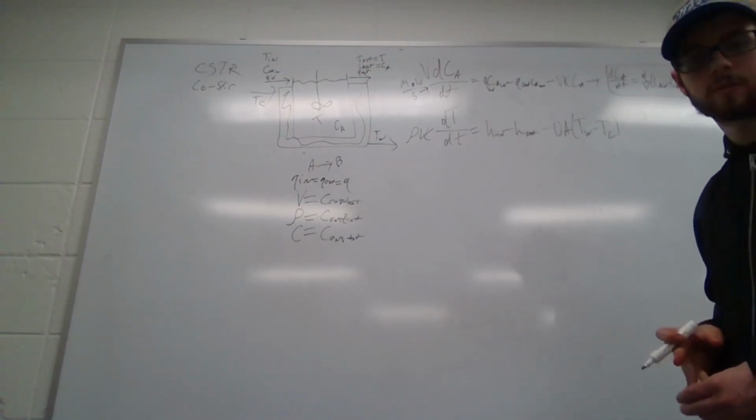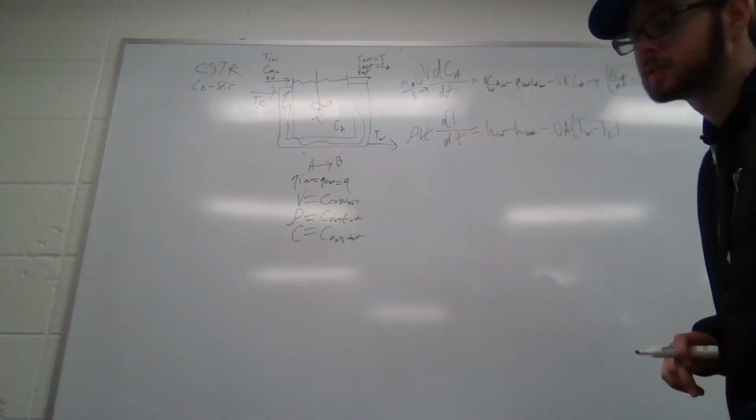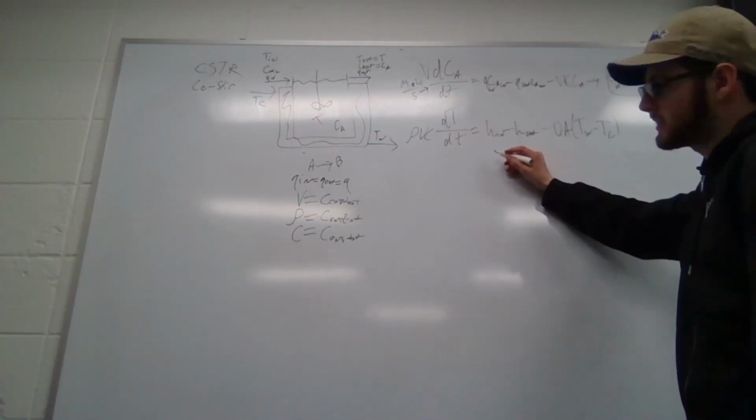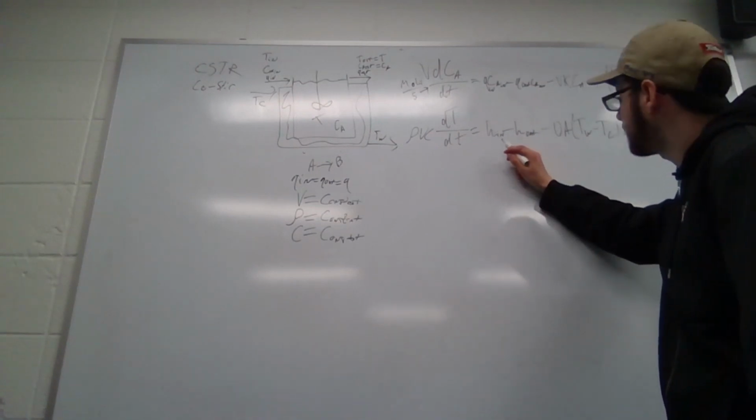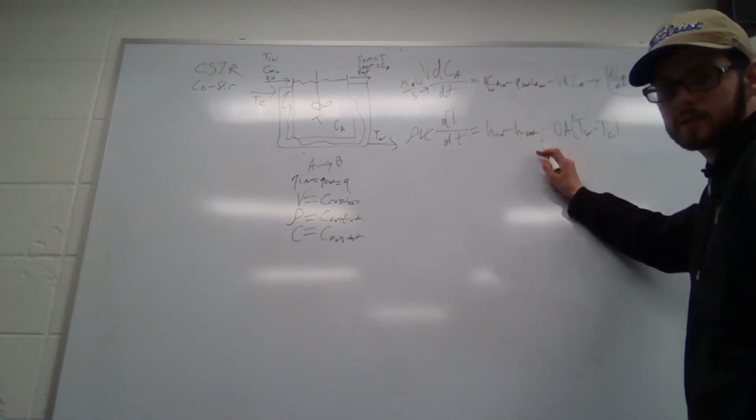And now for the energy balance, which is slightly more complicated, but not by much. So for the energy balance, enthalpy in minus enthalpy out is also going to have to include the reaction enthalpy.